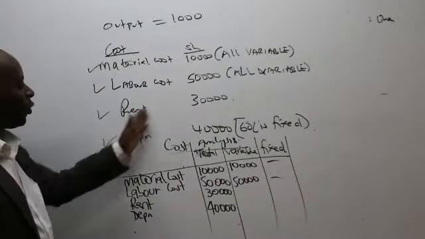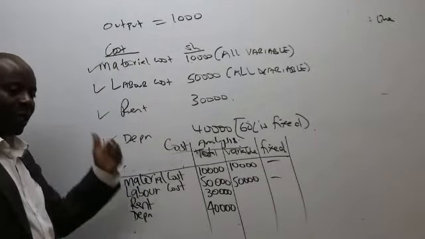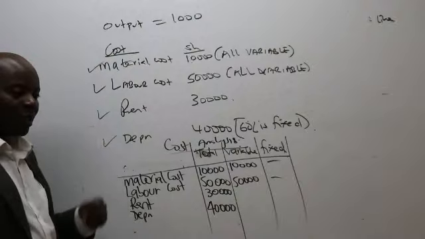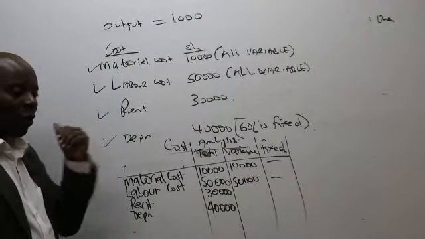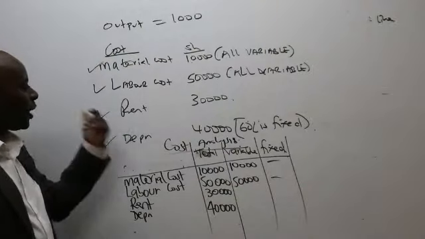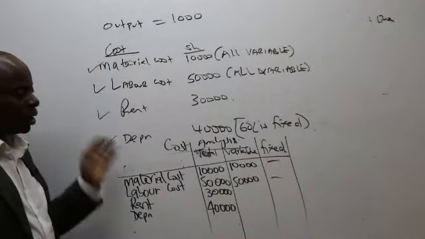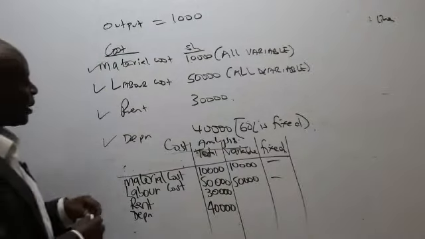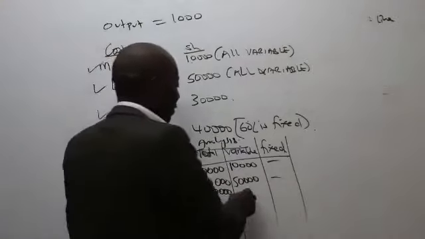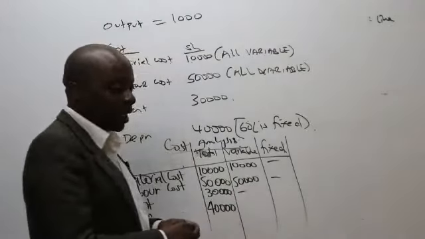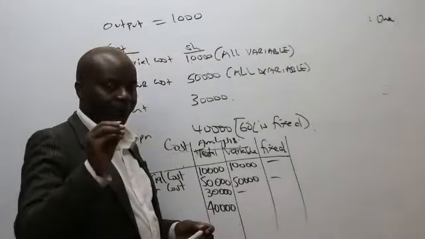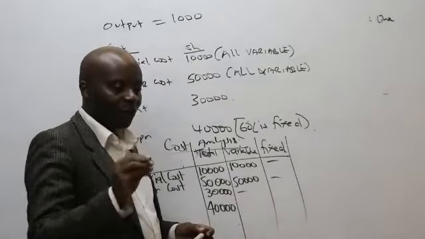From there, we have rent. Of course, there is no narration because they expect you, as an accountant worth your salt, to know that, unless you're told otherwise, rent is always fixed. Rent can never be pegged on units you produce.